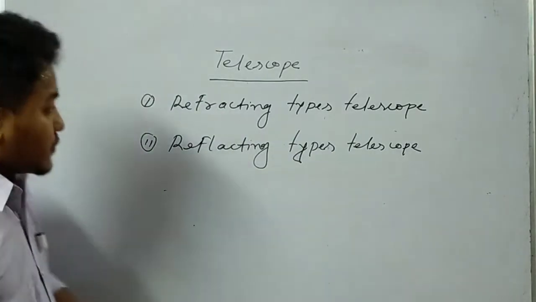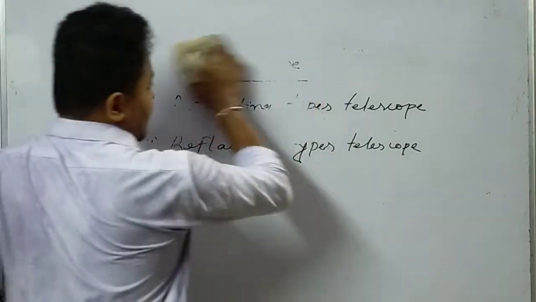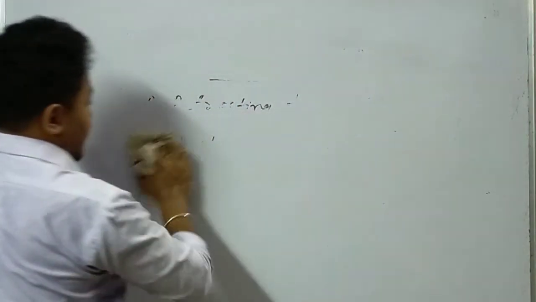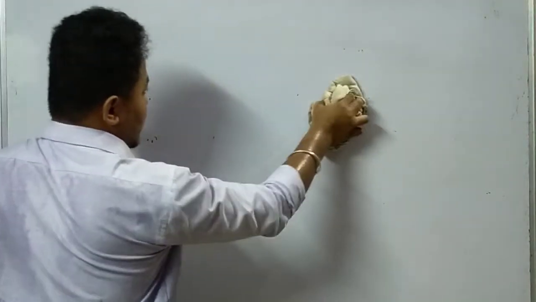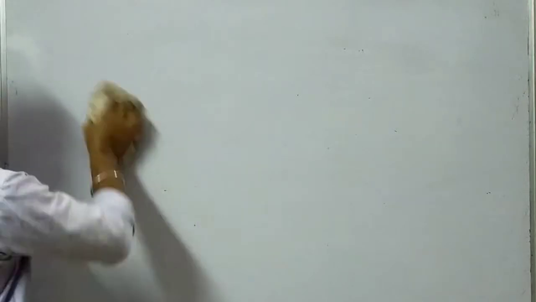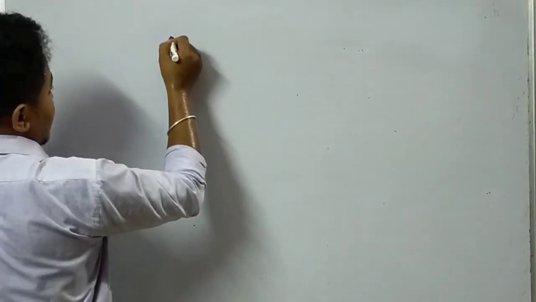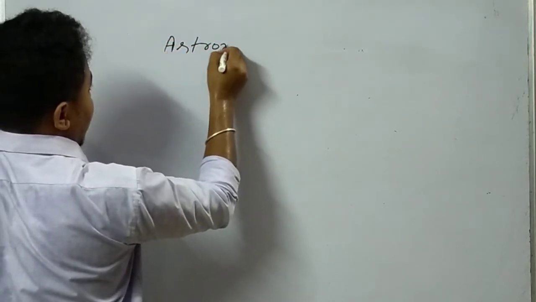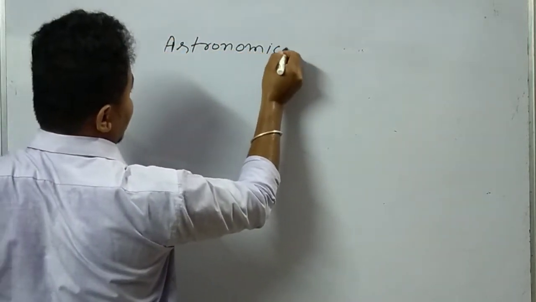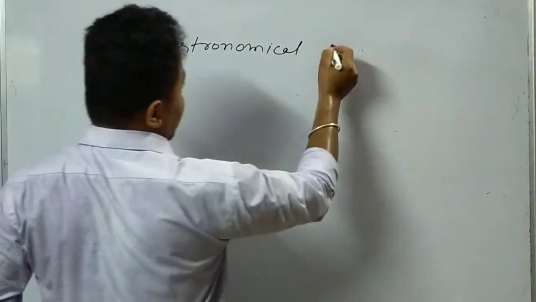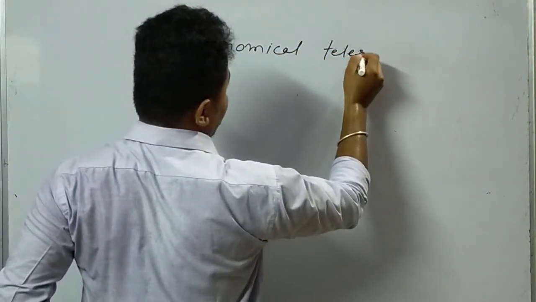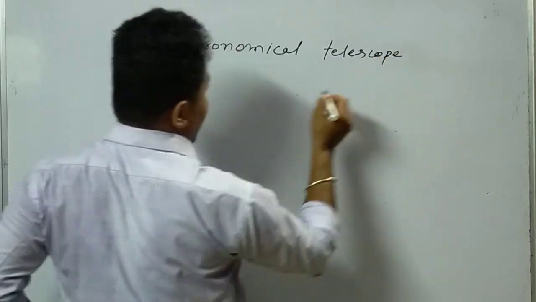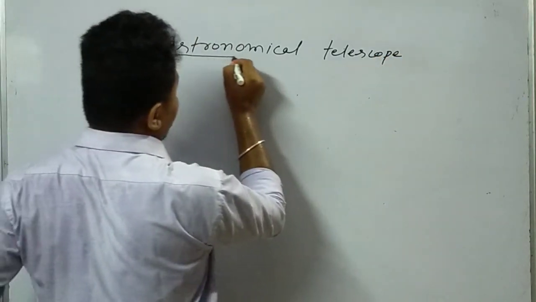Now we'll go through the refracting type of telescope, and first of all we'll discuss the astronomical telescope.